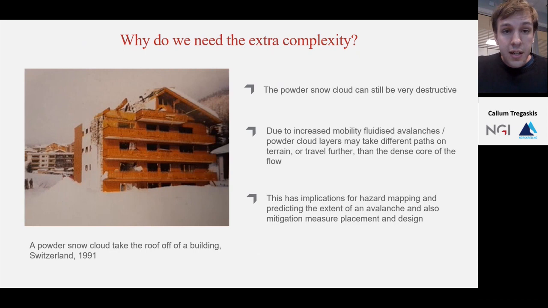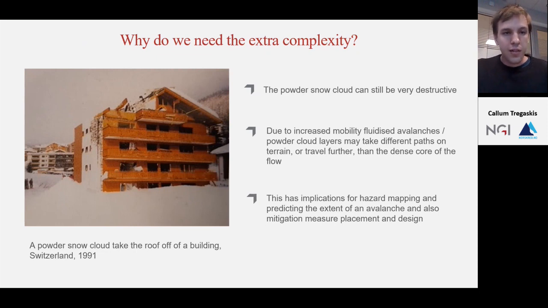So why do we actually need this extra complexity? The dense flow is where most of the mass is in an avalanche. However, the powder snow cloud can still be very destructive. And due to the increased mobility of fluidized avalanches, the powder clouds might take different paths on the terrain, and they might travel further.